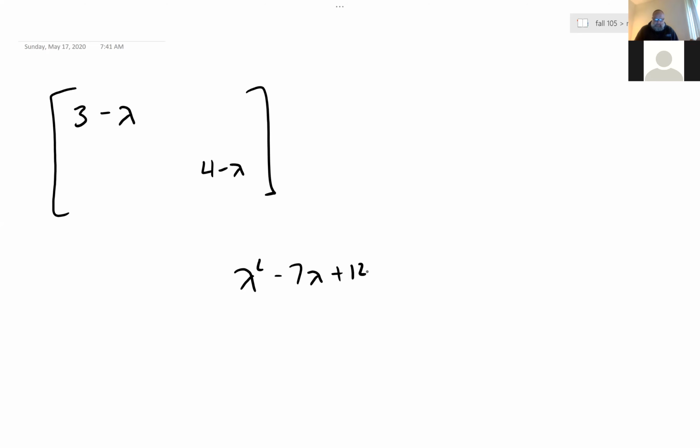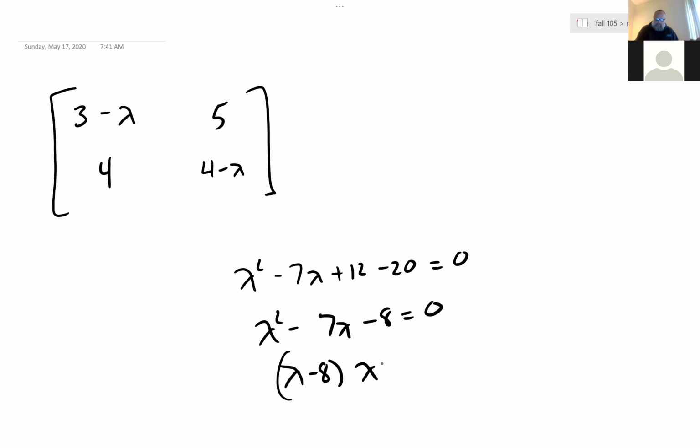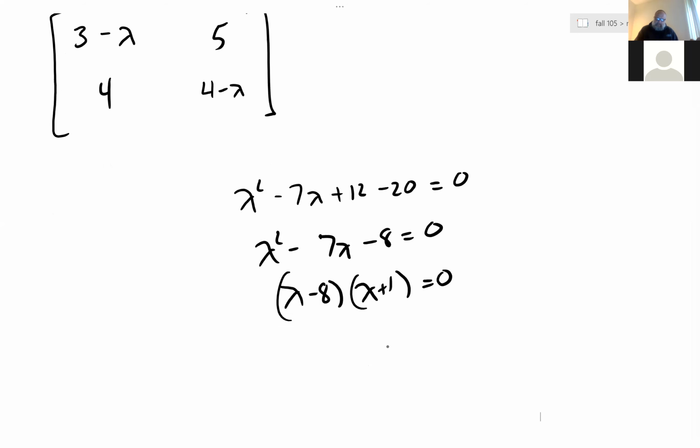Let's do 5 and 4. That's cool. So that'd be minus 20. So it'd be lambda squared minus 7 lambda minus 8 is 0. So (lambda minus 8)(lambda plus 1). Nice. And so you get lambda is negative 1 and positive 8. So those are my eigenvalues.